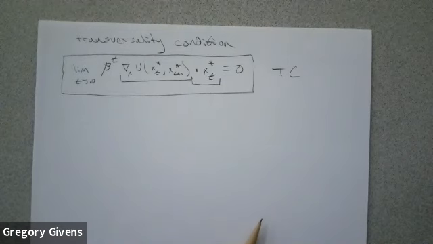Satisfying the transversality condition is equivalent to saying I can't simultaneously change C1, C2, C3 on out to C infinity in a way that raises my lifetime utility.